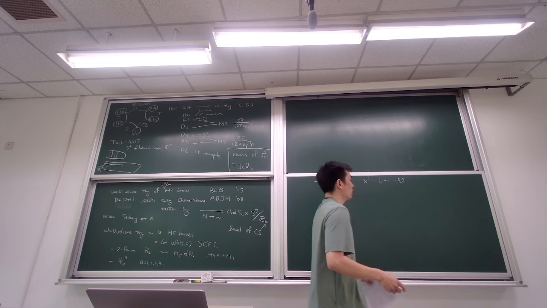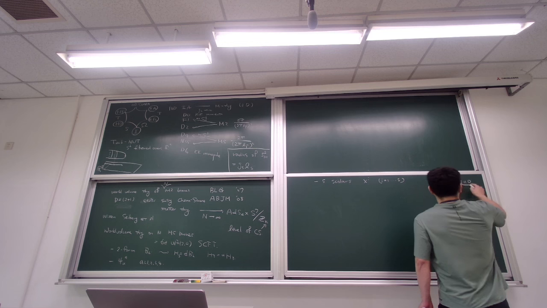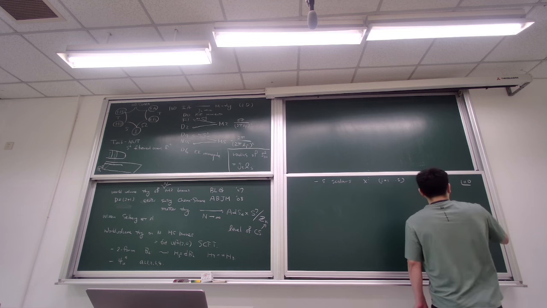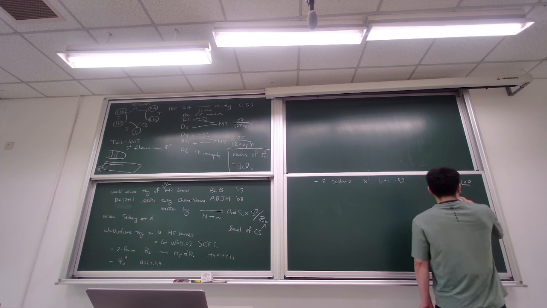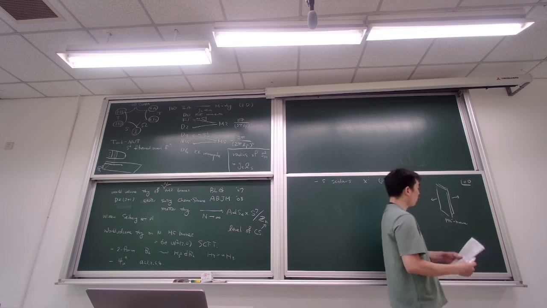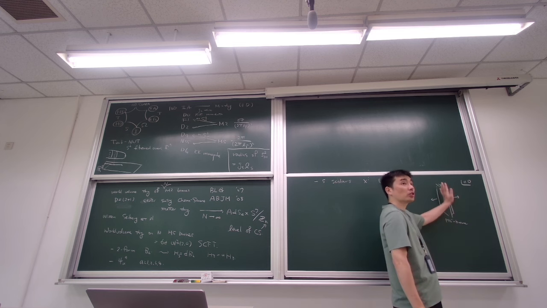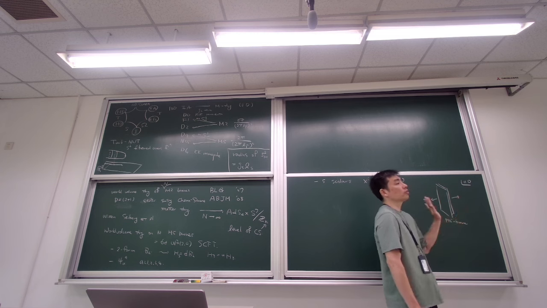This is essentially the M5 brane in 11D, a stack of M5 branes. The worldvolume is 1 plus 5 dimensions, so therefore 6 dimensions, and the orthogonal direction is 5 dimensions.